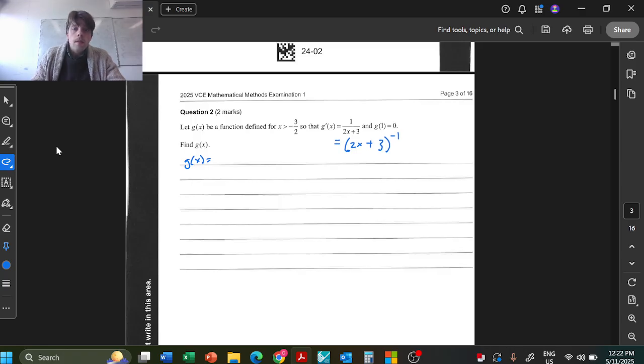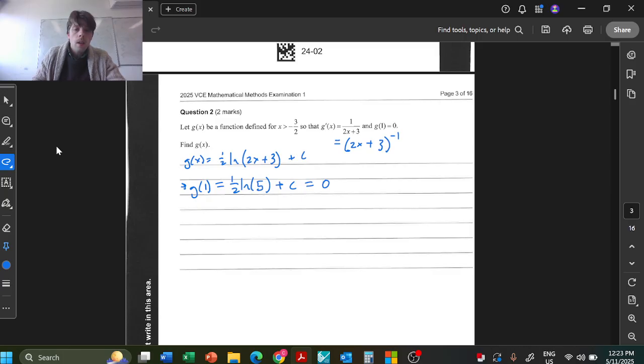It is going to specifically be a half times ln of 2x plus 3. We can get this by looking at our formula sheet. Then there's going to be a plus c. If we use our initial condition, g of 1 is equal to a half ln of 2 plus 3, which is 5, plus c, equal to 0.